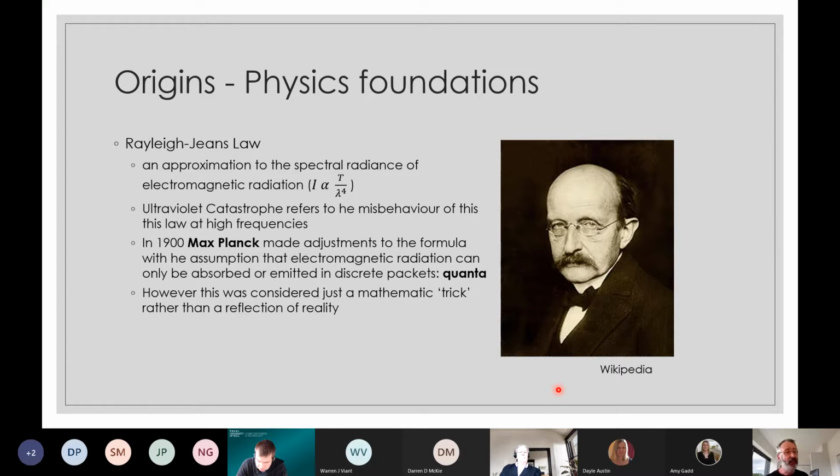And what he concluded was, if he considered that the radiation was emitted not as waves in this case, but as little quanta of energy, kind of particles, it worked. He could make an equation that actually mirrored reality. So that's what he did. He didn't like it. He didn't think it was reality. He thought it was a trick that just made the maths work.